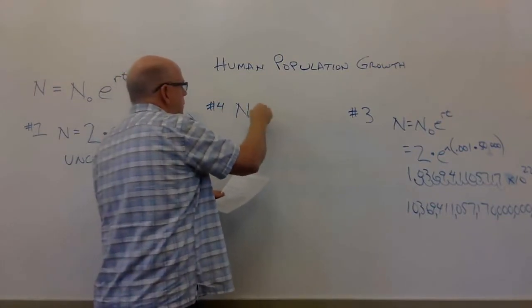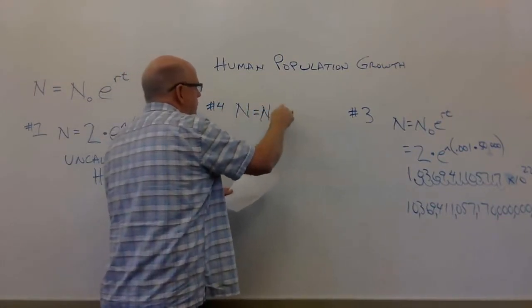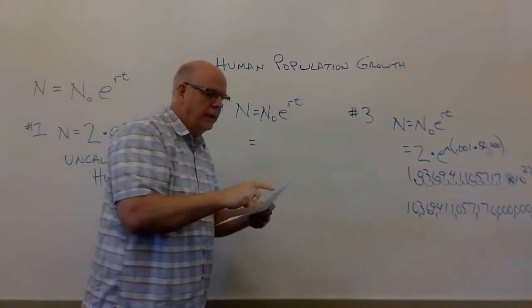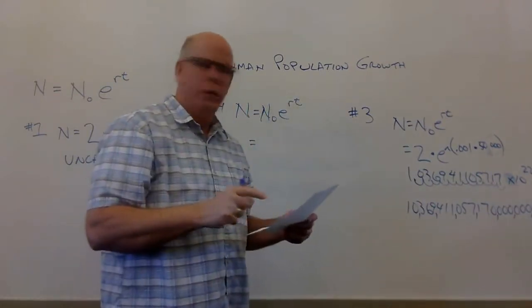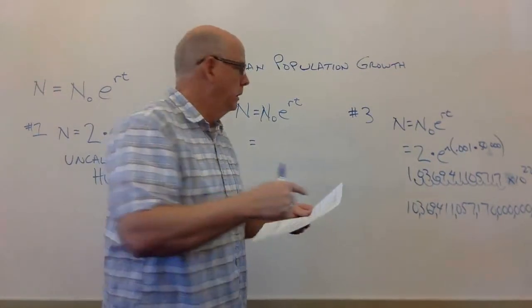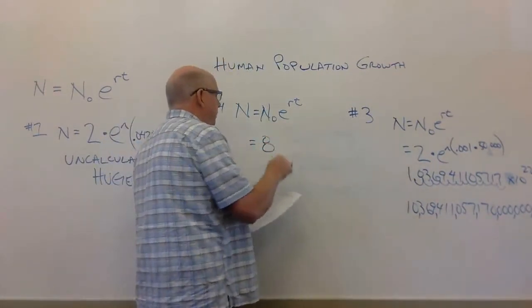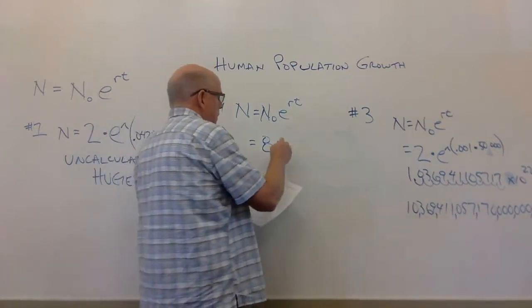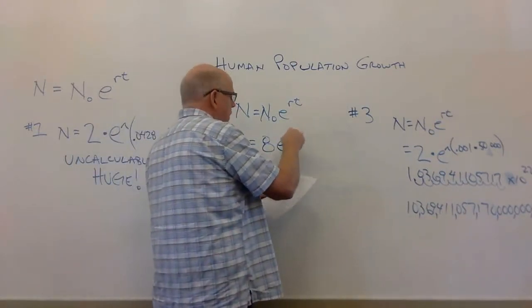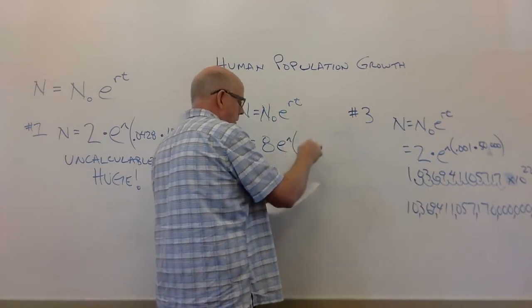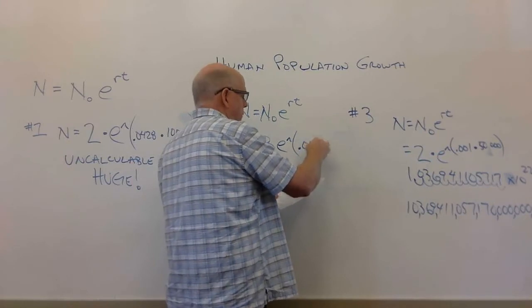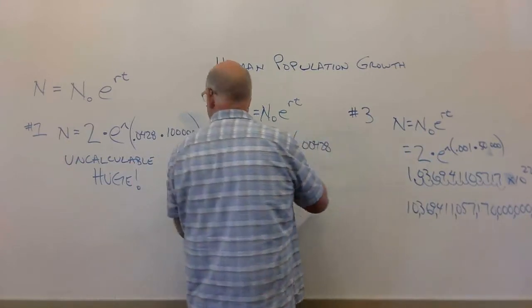N equals n sub 0 e to the rt. N sub 0 is equal to an initial population of 8. All the other ones started with 2. Okay, initial population of 8 with a growth rate of what we say that it is, 0.00428, right?